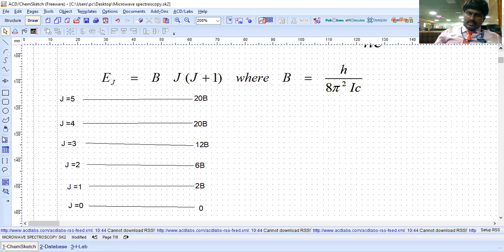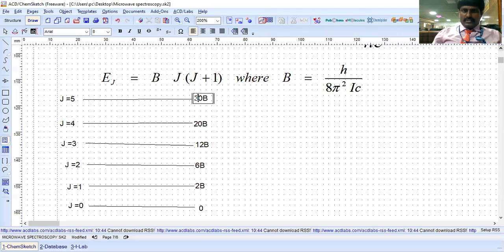This is 30B. This is the second term, the calculation of the J value for diatomic molecules, not for polyatomic molecules.